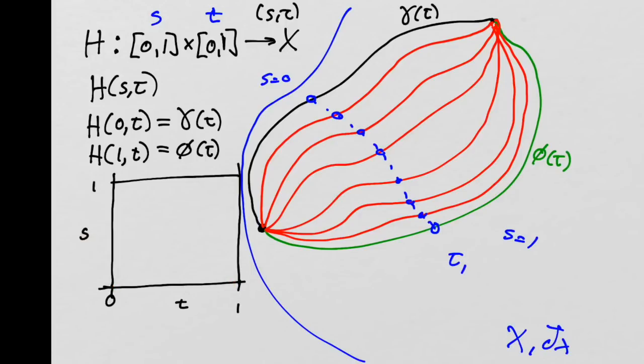right? So this piece of the domain, I'll do it in black, I'll bold it out. That piece of the domain maps onto this line gamma, right? That's S equals 0, T goes from 0 to 1. So as I move along this line here, that becomes the parameter that drags me down gamma.